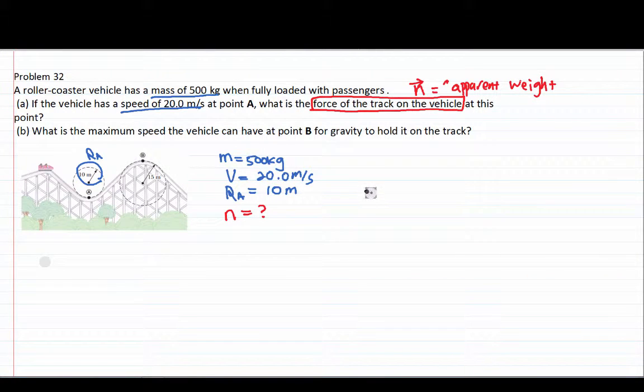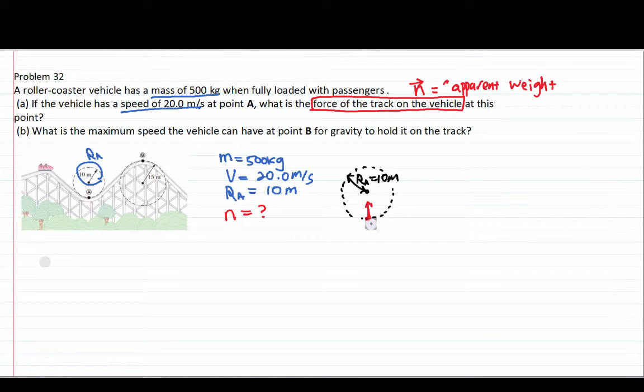Okay, here's the center of our circle, and we have a radius of 10 meters. At point A, when these people pass along at that instant, there will be a normal force toward the center.